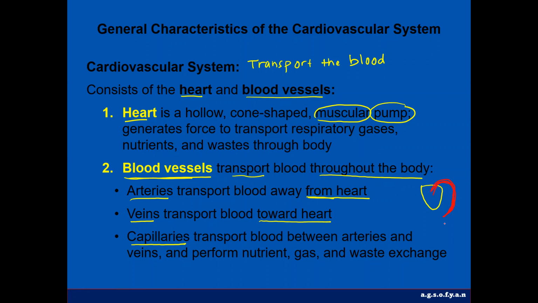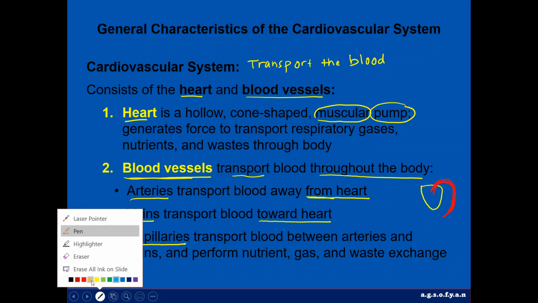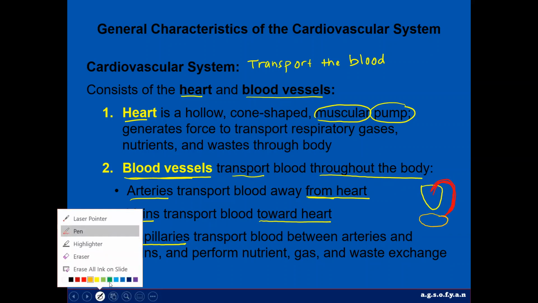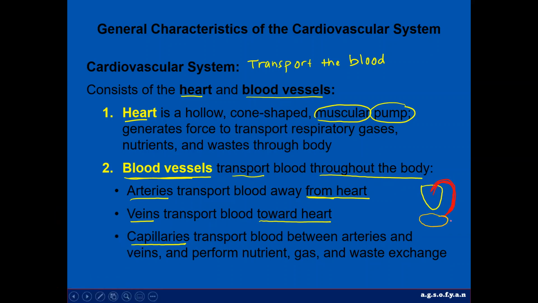It will carry the blood from the heart into our organ, into our organ over here. And inside our organs, these arteries will then branch into the capillaries.